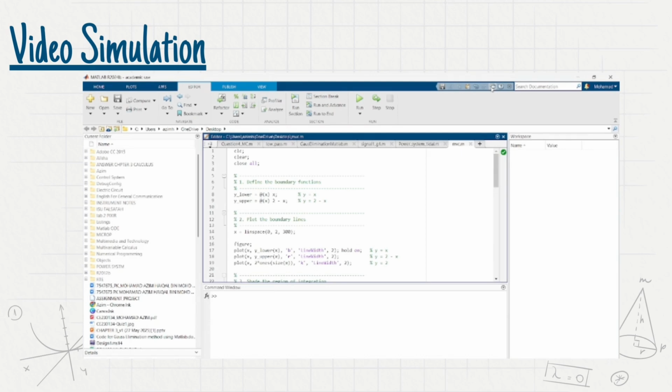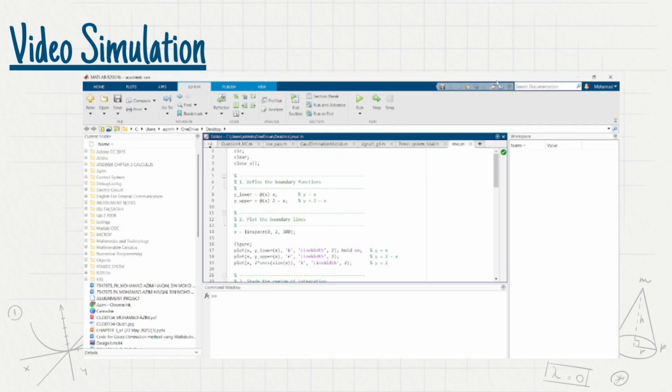The boundary lines are then plotted to clearly show the shape of the region. After that, the region of integration between x equal to 0 and x equal to 1 is shaded using the fill command, which helps in visualizing the exact area being calculated.